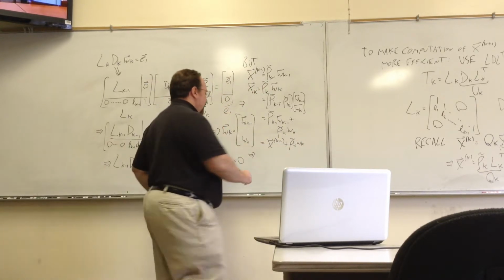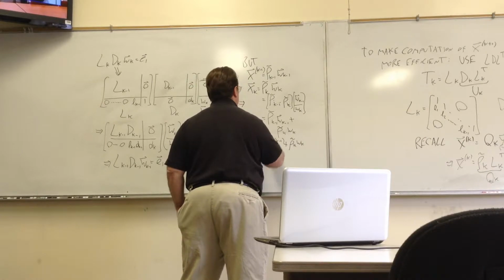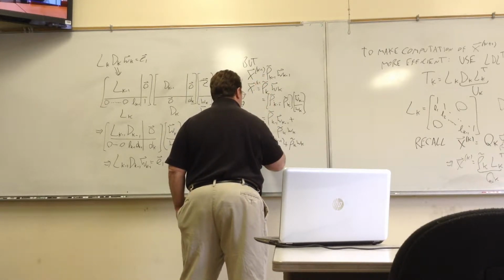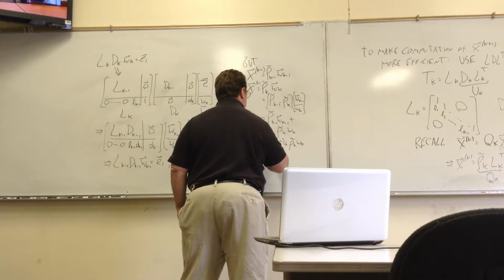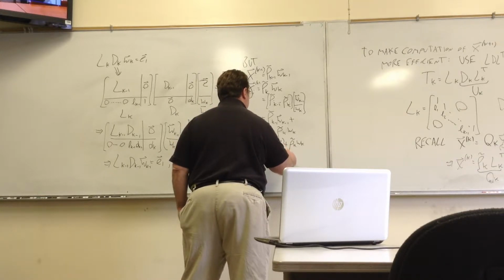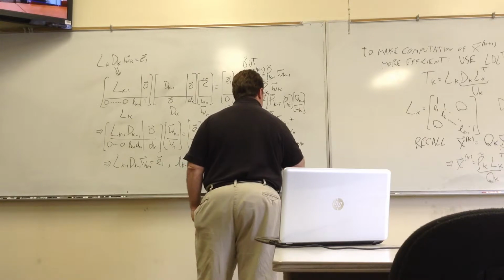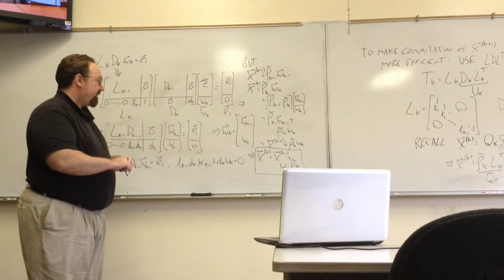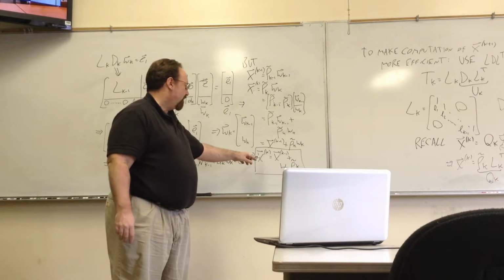So now, summarizing all this, I now have a simple relationship between, oops, that should be x parentheses k, between xk and xk minus 1. I now have the makings of a non-stationary iterative method right here. So that's what I was after.